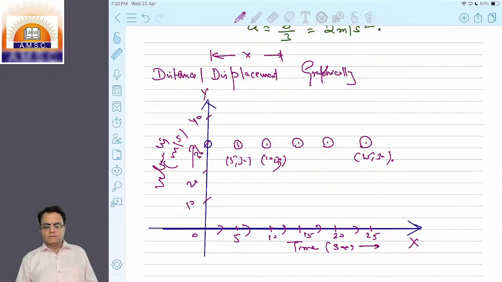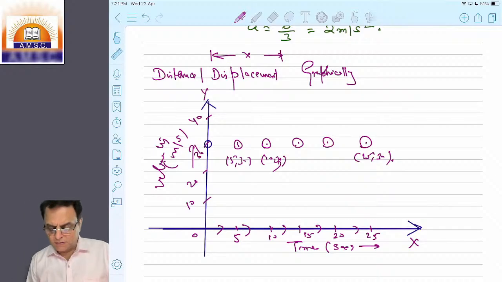So what would be the acceleration of this object? What is the value of acceleration? Acceleration is 0, because with the passage of time, the speed is neither increasing nor decreasing.